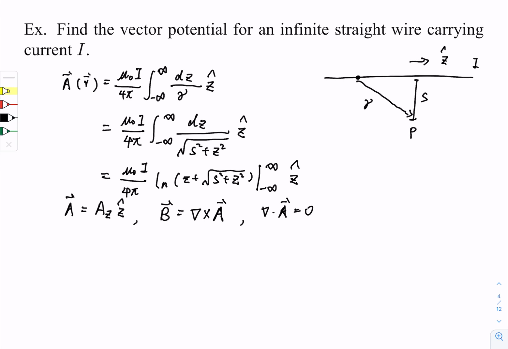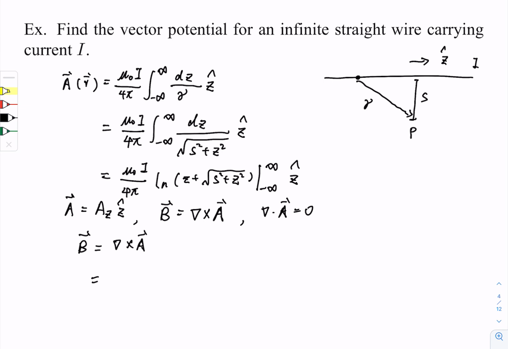Now let's try to write down this B field. The B field here is del cross A, and the B field can be calculated using Ampere's law.